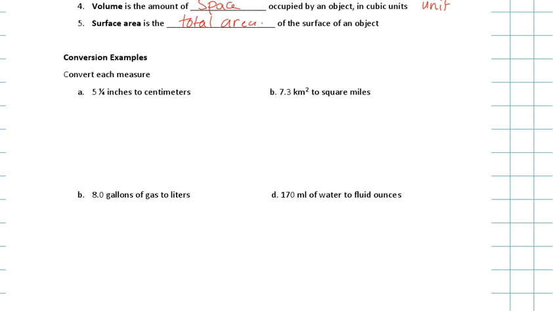The question is asking you to go from inches to centimeters. So which row from this table compares inches and centimeters? The first row, right? The first row compares inches to centimeters.